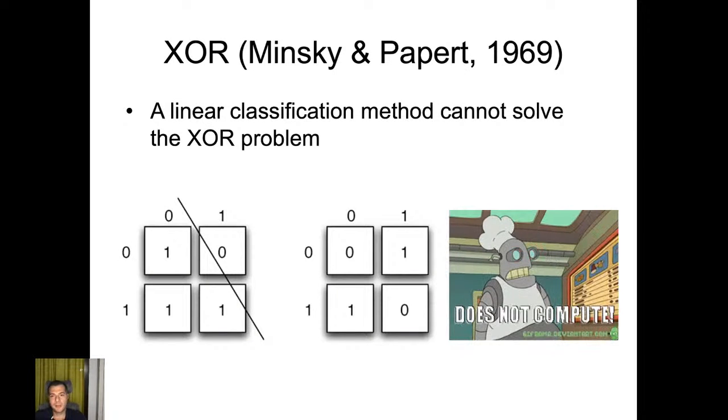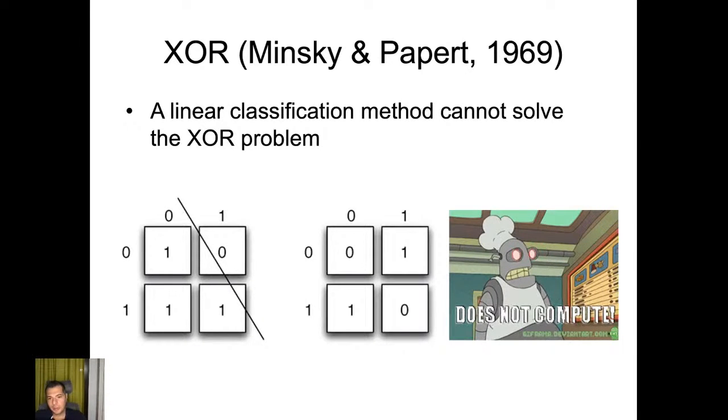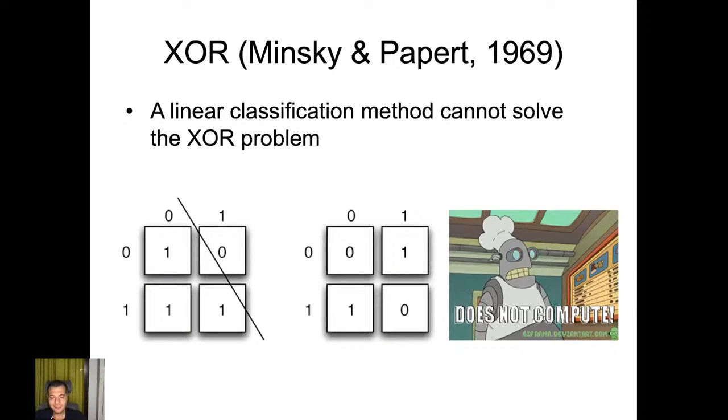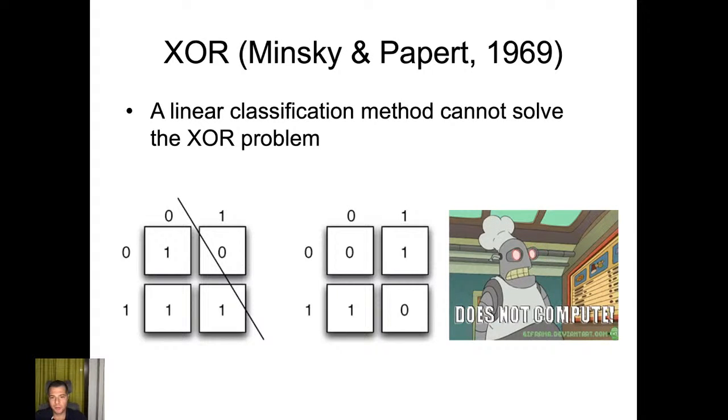And they gave the example of the XOR problem, the logical XOR problem, where you want to, for example, draw a line that classifies the points according to the labels.